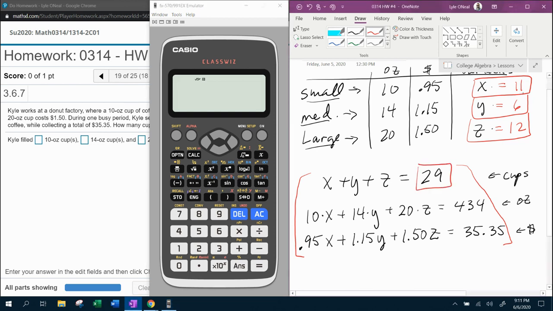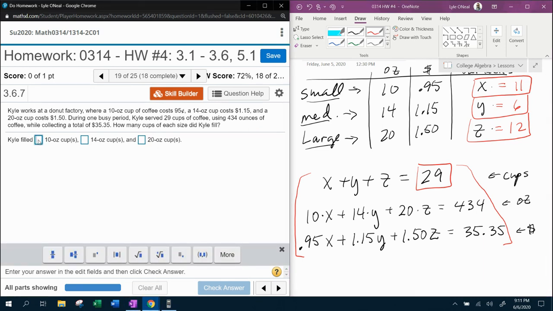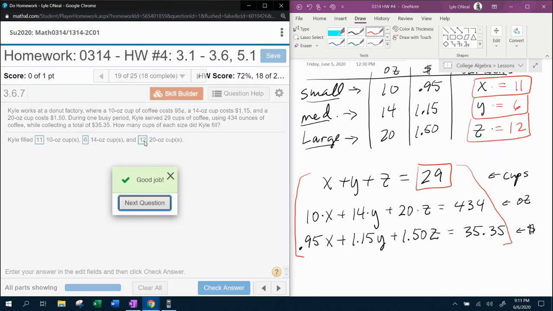So these numbers, 11 plus 6 plus 12, had better be 29, or again, I screwed something up. So I feel pretty good about this result. Let's see, 10 ounces, that was X, which is 11. 14 ounces, 6. And 20 ounces is 12. Bam, there you go. Man, I hope that was helpful.